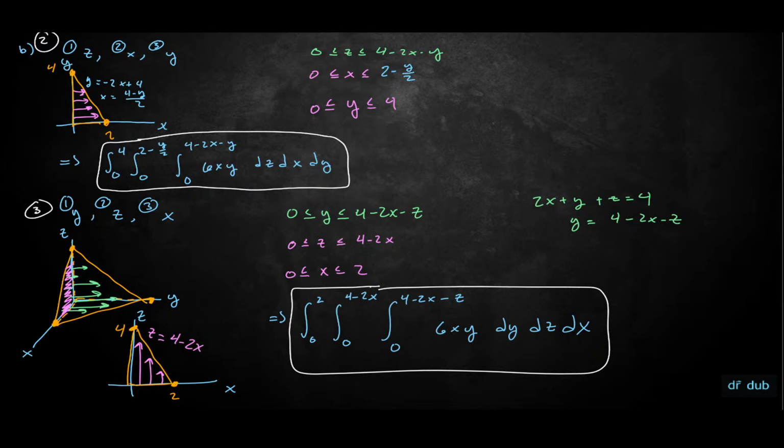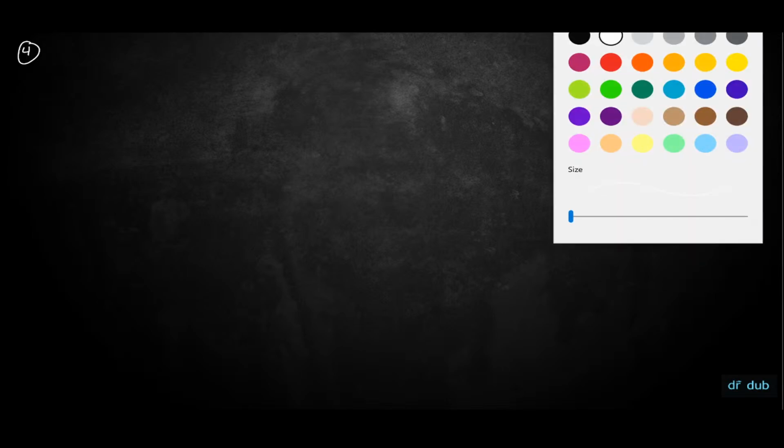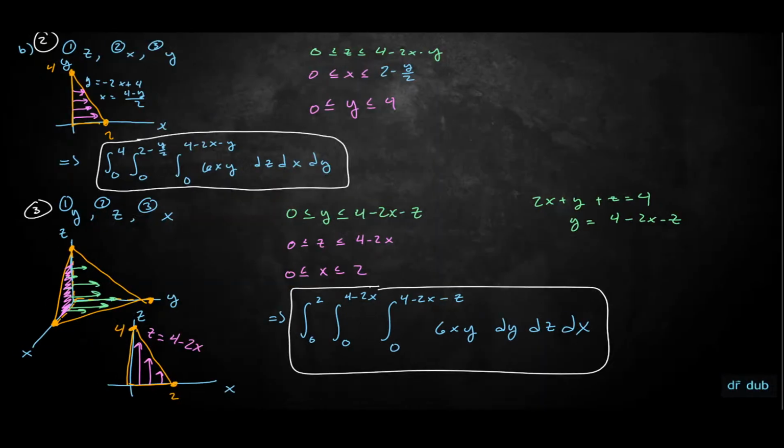Okay, I may skip the fourth one, so I'll just write it. The fourth one would be do y first, then do x, and then do z. I may skip those because it's very similar to just changing the order of z and x here.